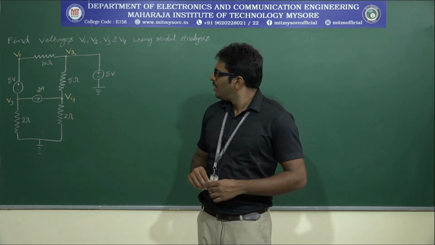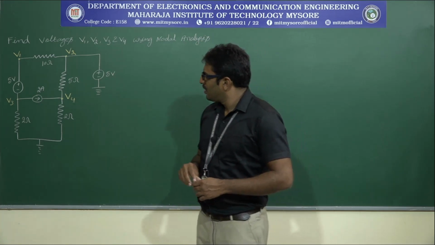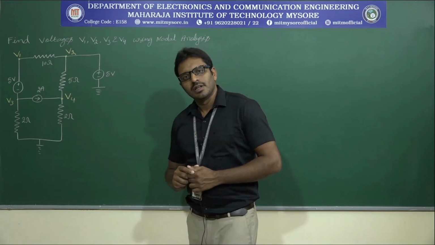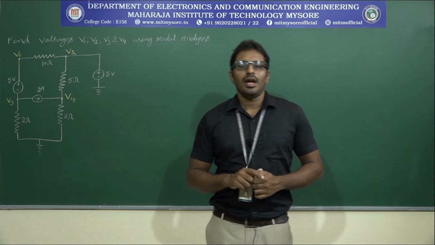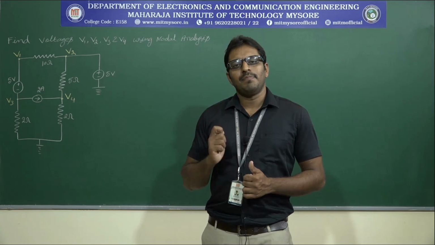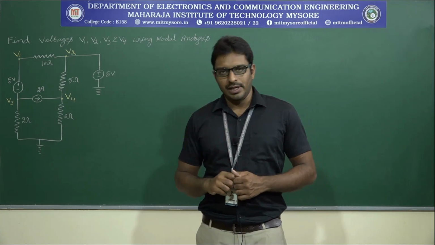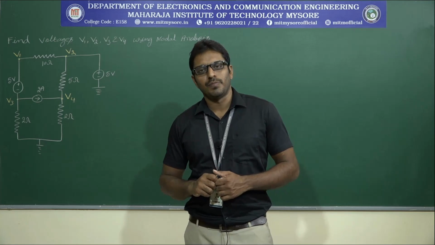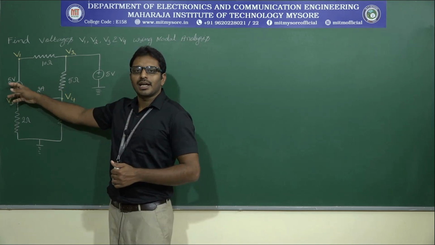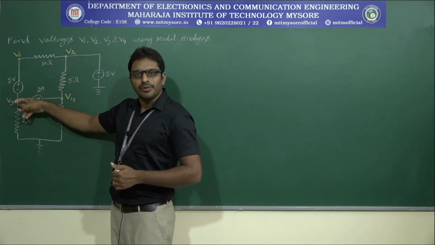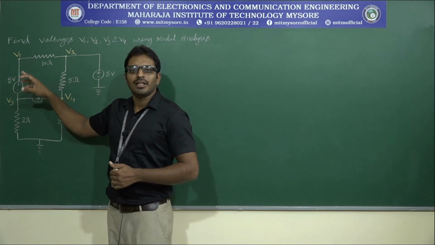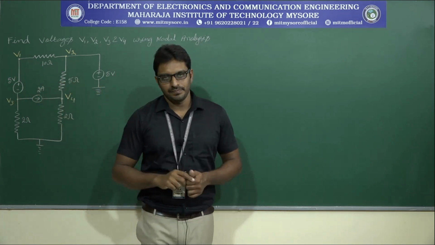Okay. First see the circuit. Say in the circuit there is one supernode. What is a supernode? Any two nodes directly connected by a dependent or independent voltage source is known as a supernode. Say this 5 volt voltage source is connected between V1 and V3. By combining these two nodes, V1 and V3 is known as a supernode.